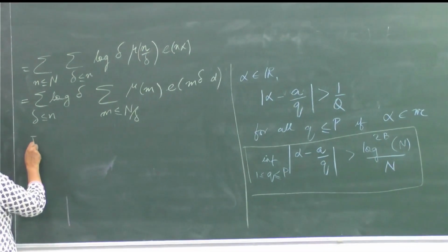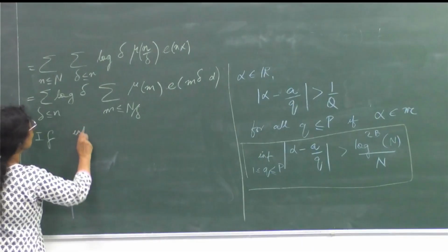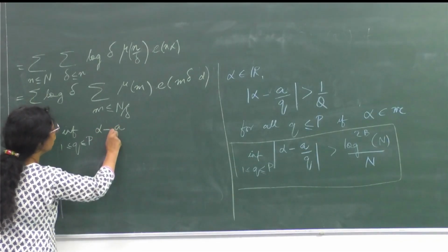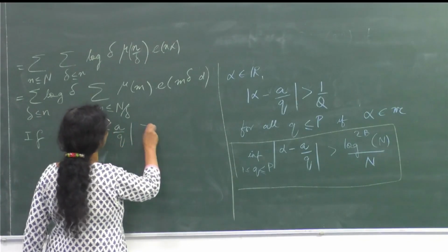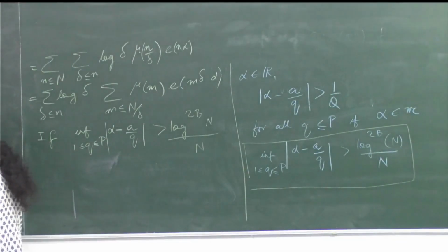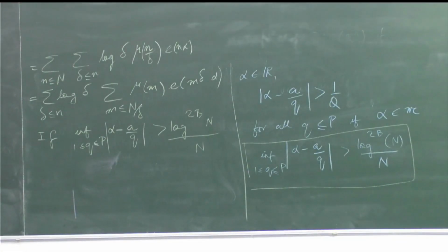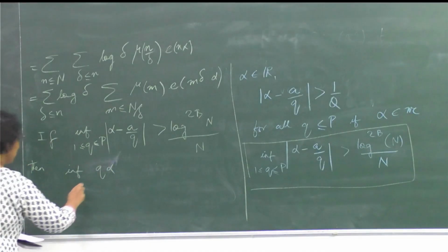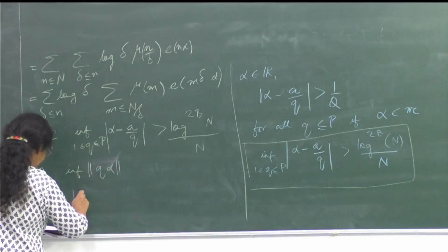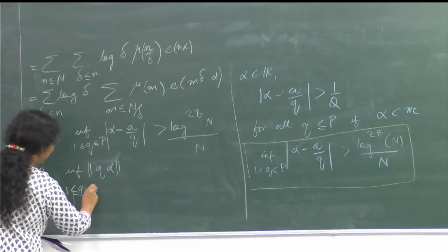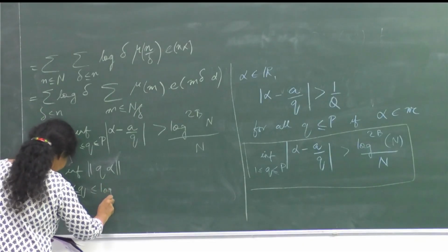So if the infimum of q between 1 and p, alpha minus a by q, if this is greater than log 2b n bar, okay, then I can substitute this back into my s, and therefore I can write infimum of q alpha, now this q between 1, and this time it's not between p, but I'm writing it as log delta n.